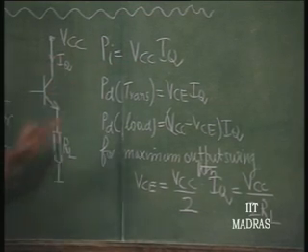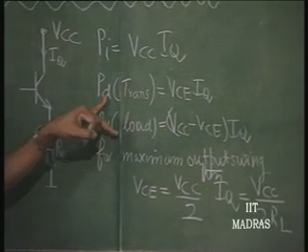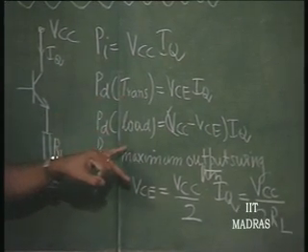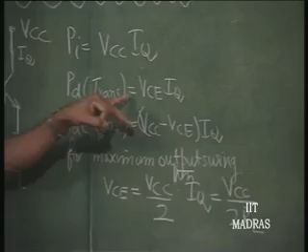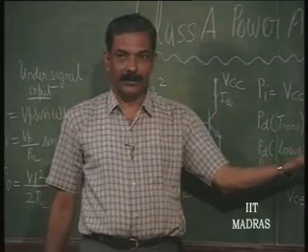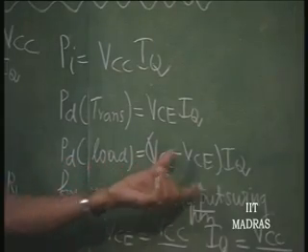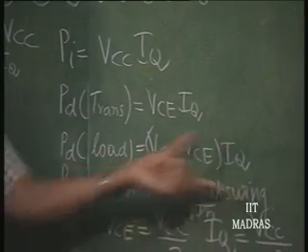Pd at the point when signal is not applied gets dissipated in the transistor and the load. Pd in general is VCE, voltage across the transistor, into current through the transistor, VCE into IQ. Pd through the load is VCC minus VCE into IQ.